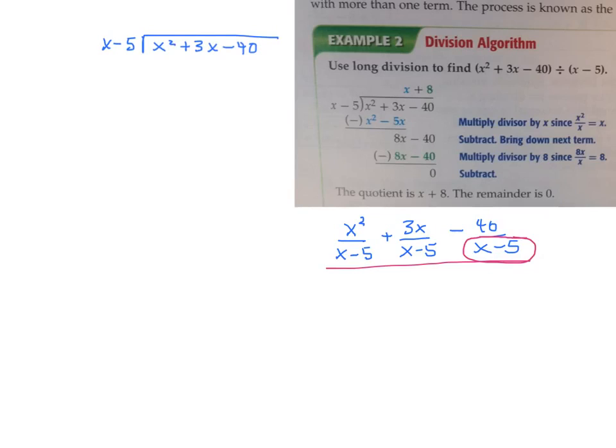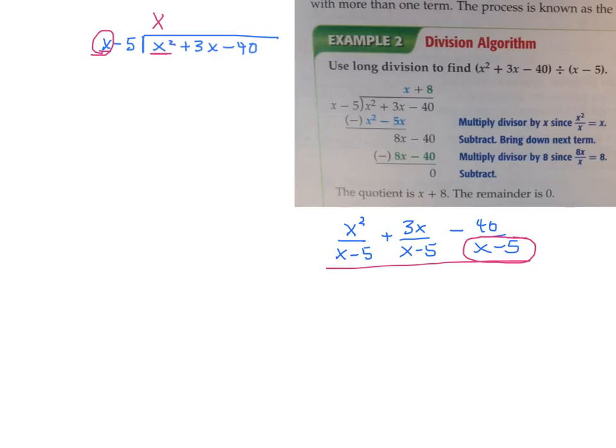The way that you do it is you take the highest degree here, which is x, and you say x to the first power multiplied by what gives me x to the second? Well, x times x. So you put that up there, x. That's what I multiply this exterior x by to get my interior x squared.